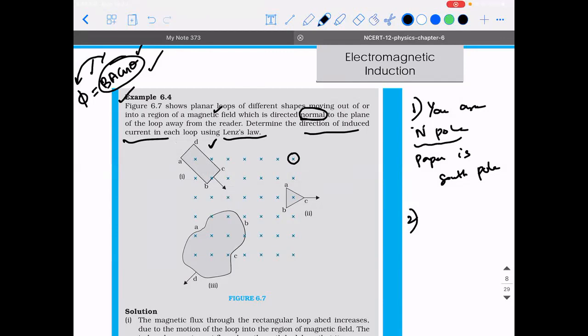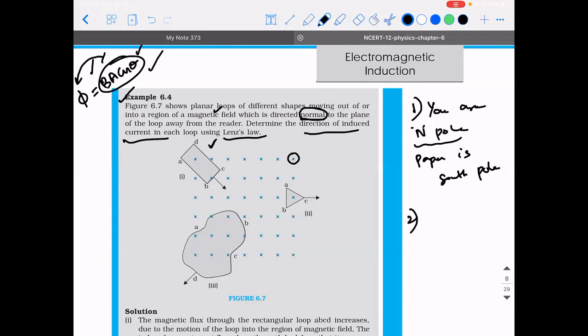So when you are North pole, the side ABCD which is facing you will also generate North pole because flux is increasing.